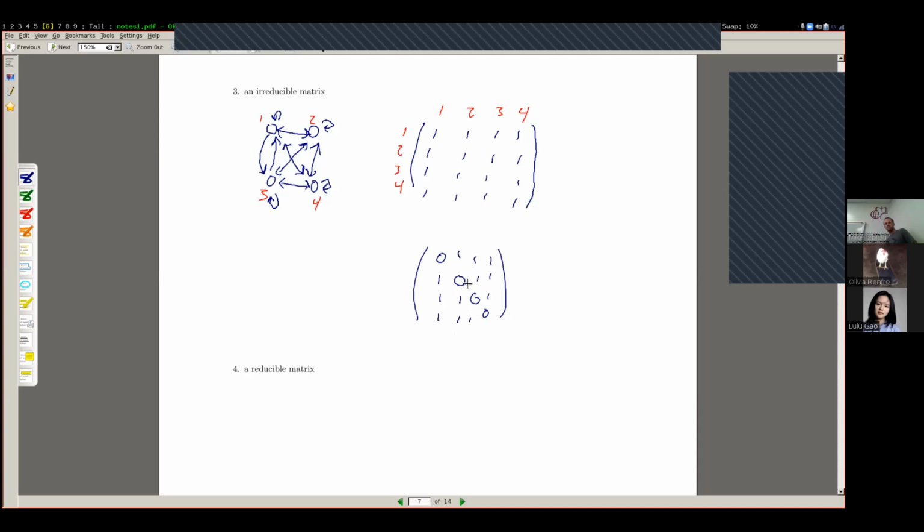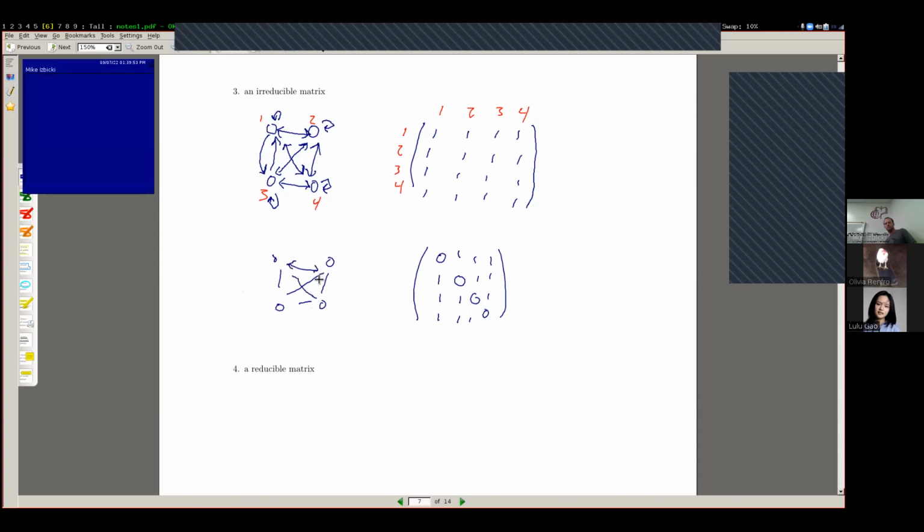I think that's right. This is also an example of an irreducible matrix. That's what I had drawn before. And here you can still go from any node to any other node. So you're okay.